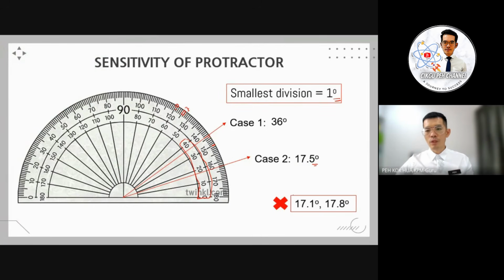You are not allowed to give 17.1 or 17.8 or others, because we accept the reading at the middle as half of the 1 degree, which is equal to 0.5 degree. Or, as I mentioned, the reading is between 17 and 18, so you may just round off to 17 degrees or 18 degrees for this reading.